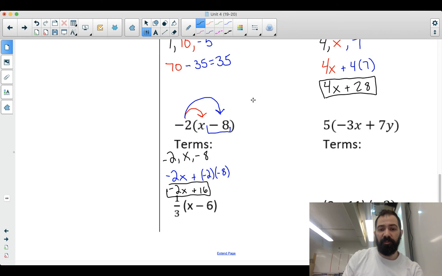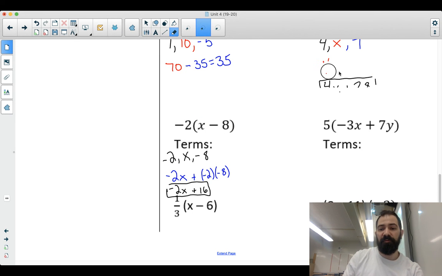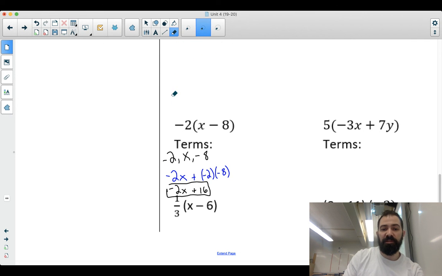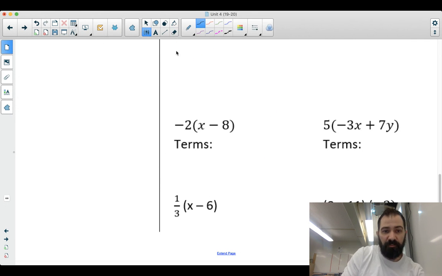What about this one, which is a little bit different? We're going to have 2 variables in it. Does that change how we do the process? Of course not, it's the same. We just use 2 different variables.